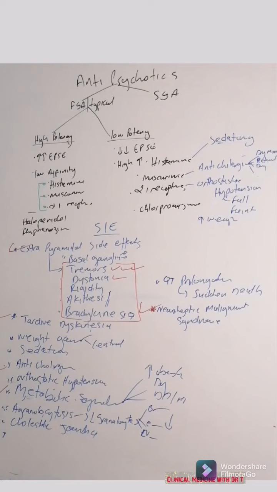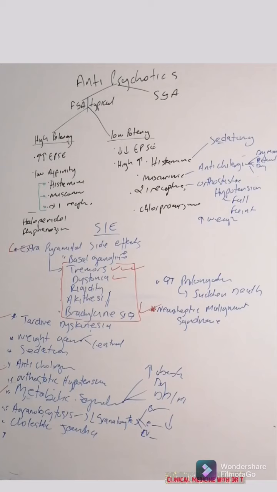If you are going to forget anything, you can forget cholestatic jaundice, that's fine. Maybe you can even forget the weight gain, but not the metabolic syndrome and the agranulocytosis, because most of the time this is the reason why a patient is changed, because of the anticholinergic effects. Right? So these are side effects, guys.